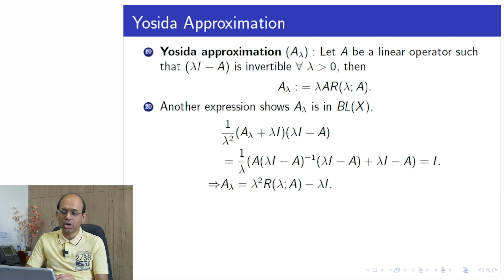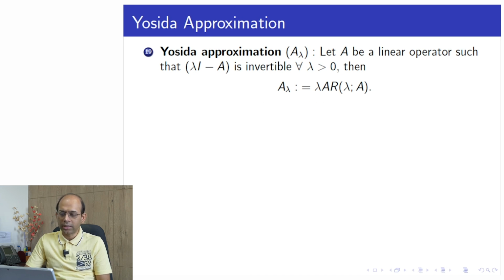The earlier one was considered the definition of A lambda, which does not say whether it is a bounded linear operator or not. But this expression gives a very clear thing, because A lambda is equal to lambda square R(lambda, A) minus lambda I.